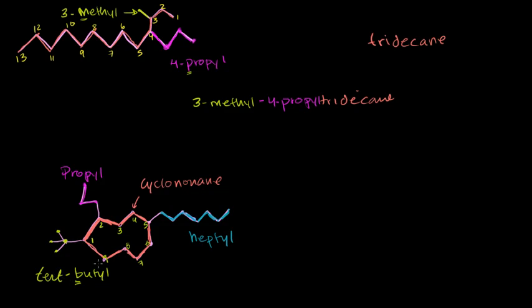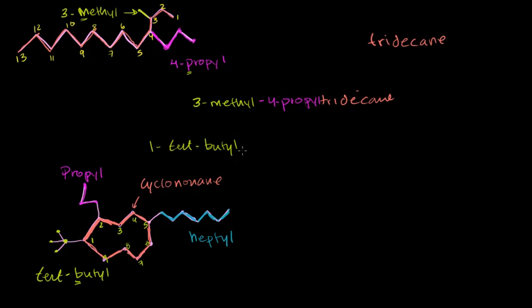So it's 1 tert butyl. Let me write that in cursive. Let me get some more space here. So it is 1 tert butyl. Then the next one alphabetically is the heptyl group. That's H for heptyl.